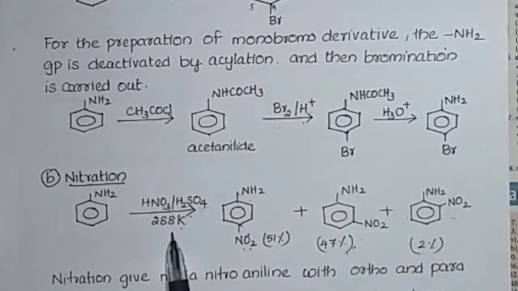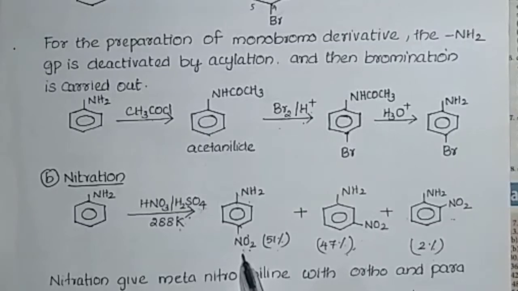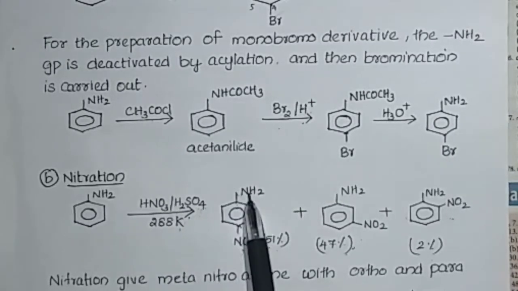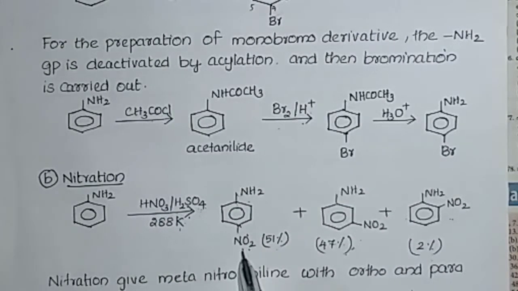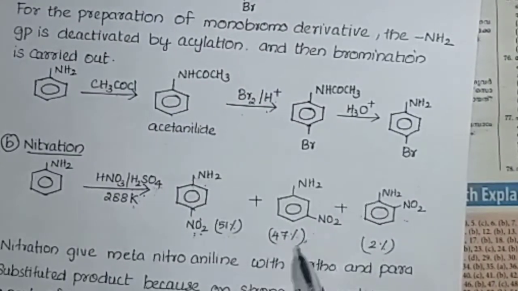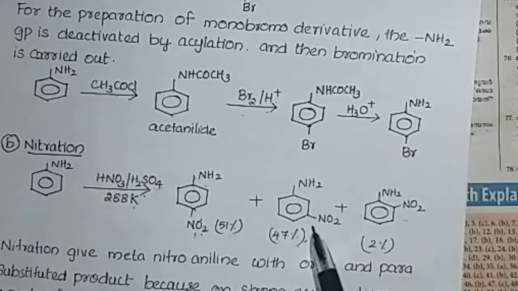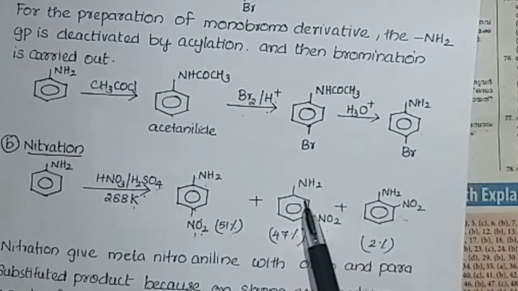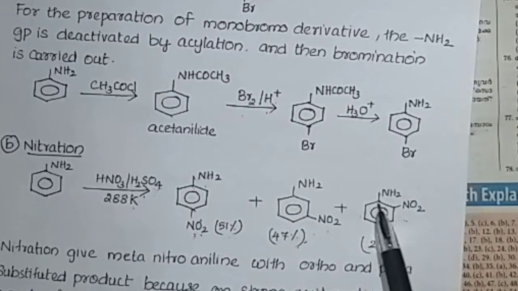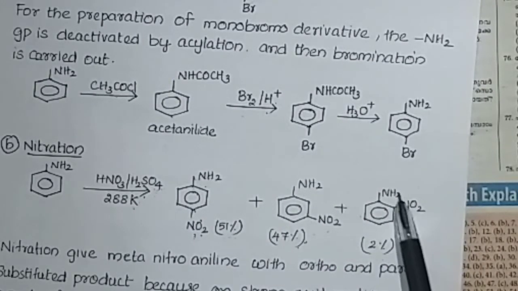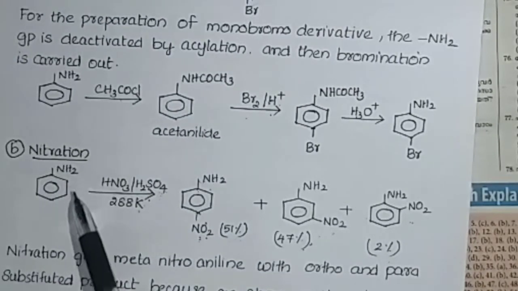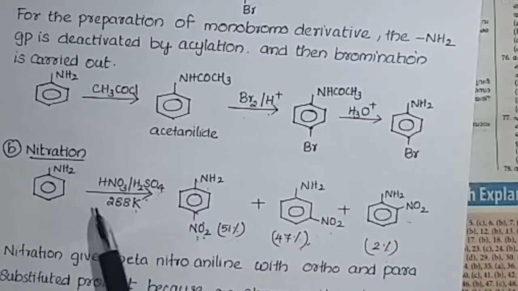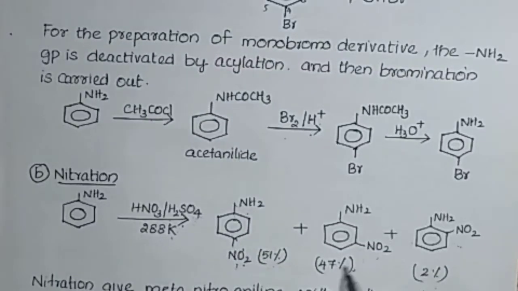Aniline on nitration at 288 Kelvin: the NO2 group is substituted on the para position in 51%, that is 4-nitroaniline. And 47% is meta-nitroaniline, and 2% is 2-nitroaniline or ortho-nitroaniline.